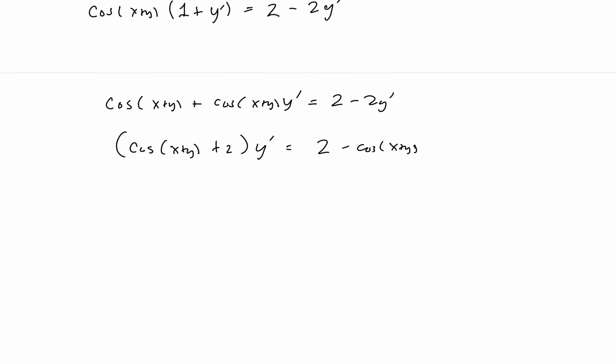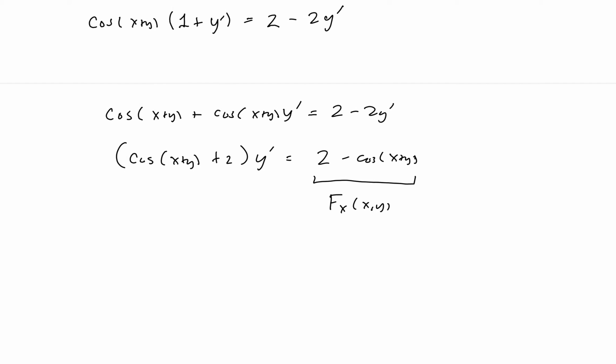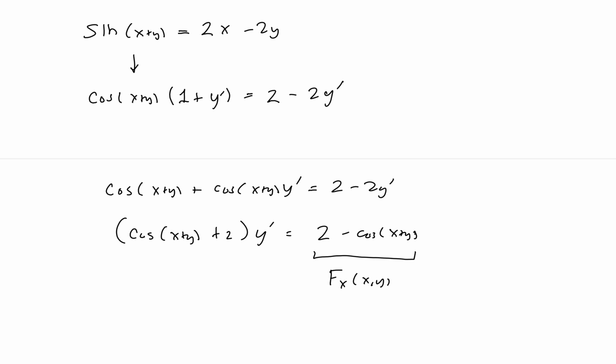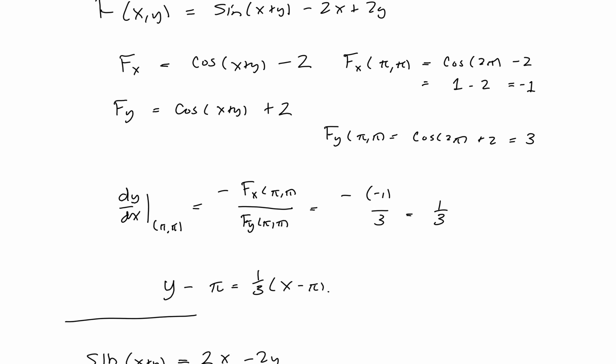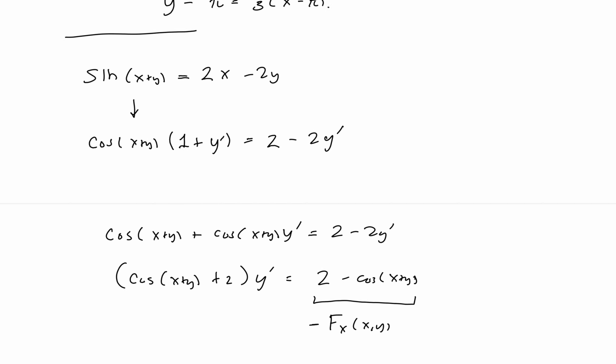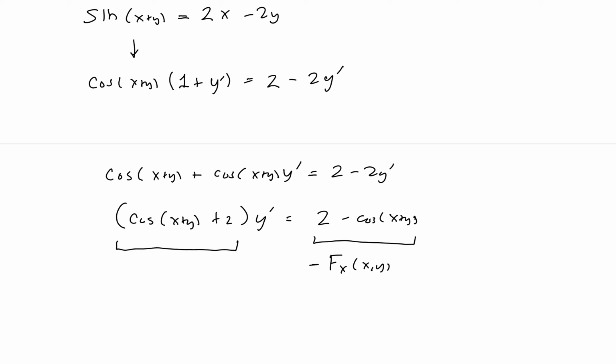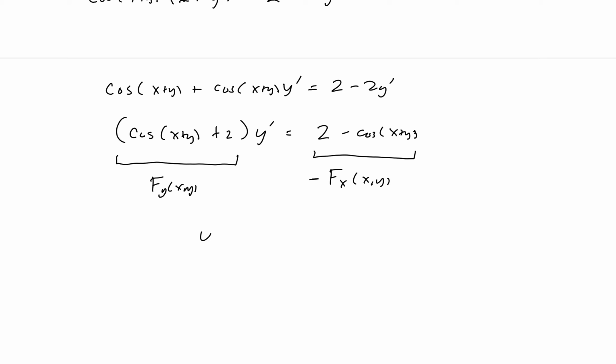And now what we should notice here is that, if you look back above, this is exactly our partial derivative, or this is the negative of the partial derivative for our f, and this is our partial derivative for y. So when we solve this for y prime, which is of course dy dx, I do get negative f sub x of xy over f sub y of xy.